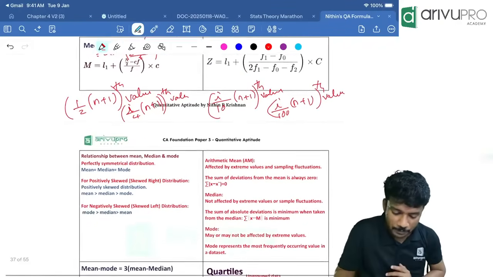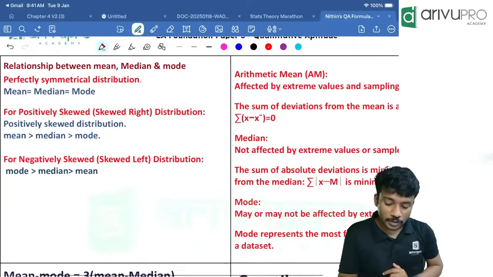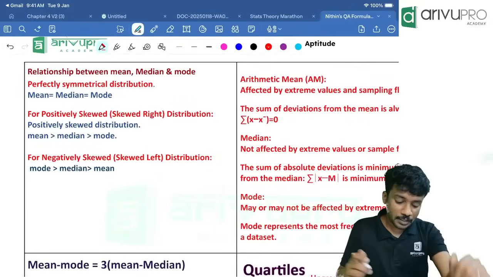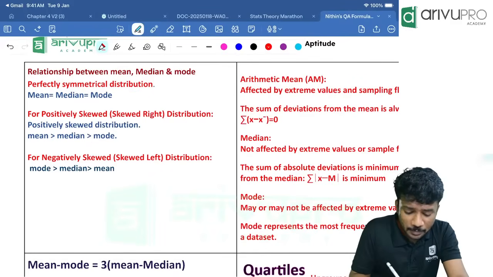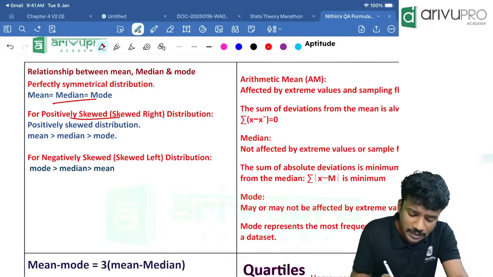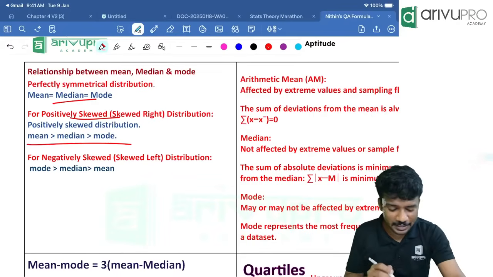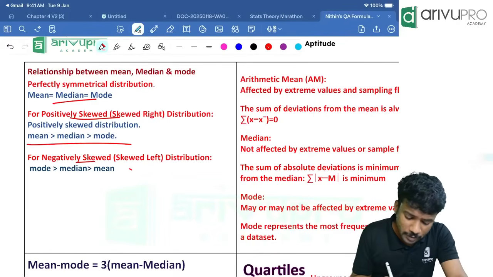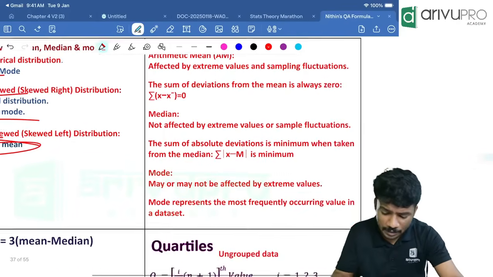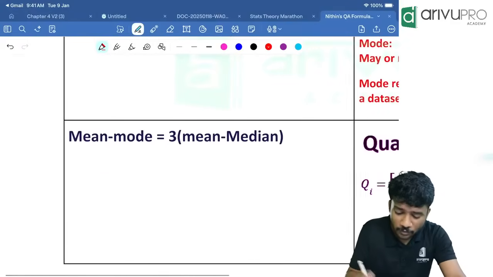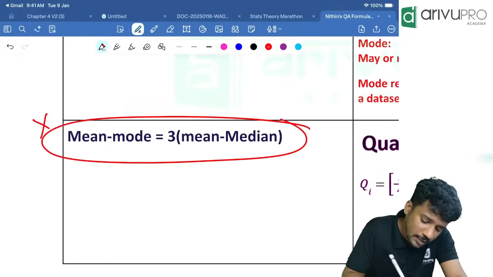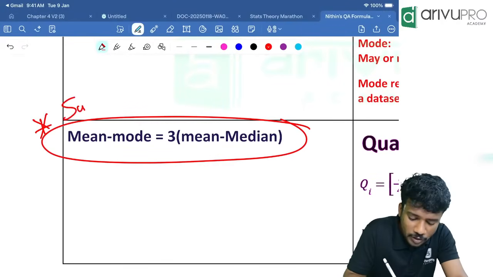Next one, people. Yes, now look here. For perfectly symmetrical, mean, median and mode are the same. For positively skewed, mean is greater than median greater than mode, and for negatively skewed, mode will be greater than median greater than mean. Then we have one important formula, people. This one question will be there, sure shot.